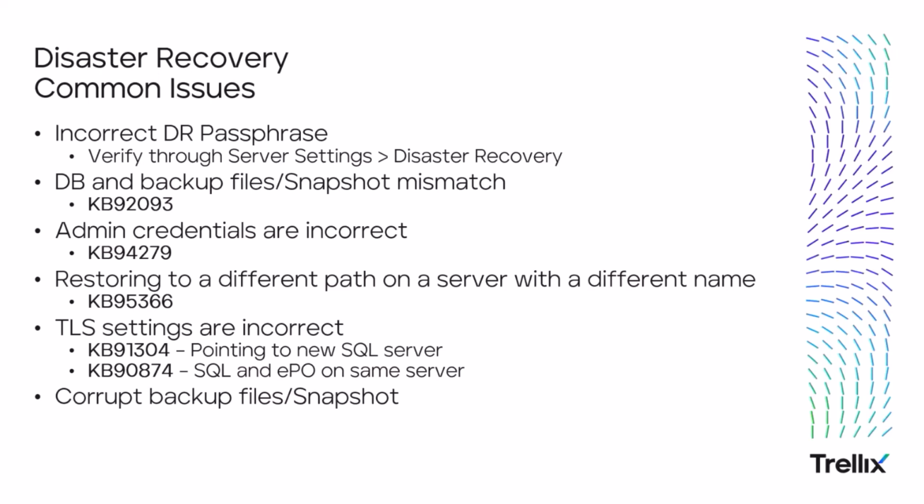So as a best practice, and that's mentioned in the previous KB about the overview of disaster recovery snapshot, when you take a disaster recovery snapshot, always back up the database very soon after. You probably want to align those two tasks together: your server snapshot task is running at one point, and then soon after your database backup occurs. More information about that is in the KB mentioned here, 92093.